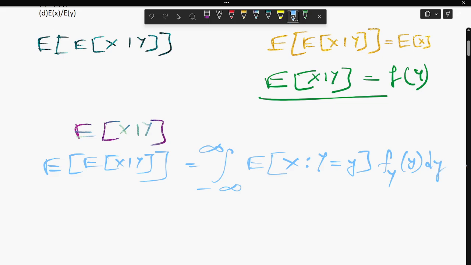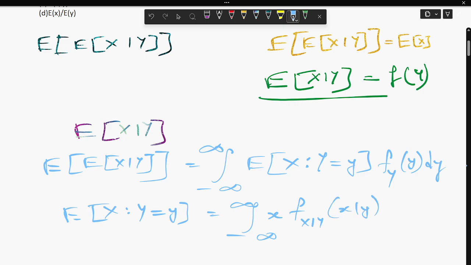Using the definition of the conditional expectation, the expectation of x given y equals y is the integral from minus infinity to infinity of x times f of x given y dx. So now we are going to substitute it into the previous equation.